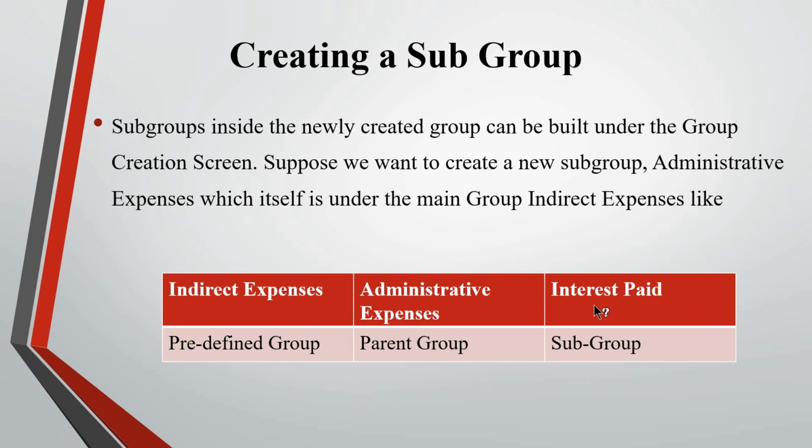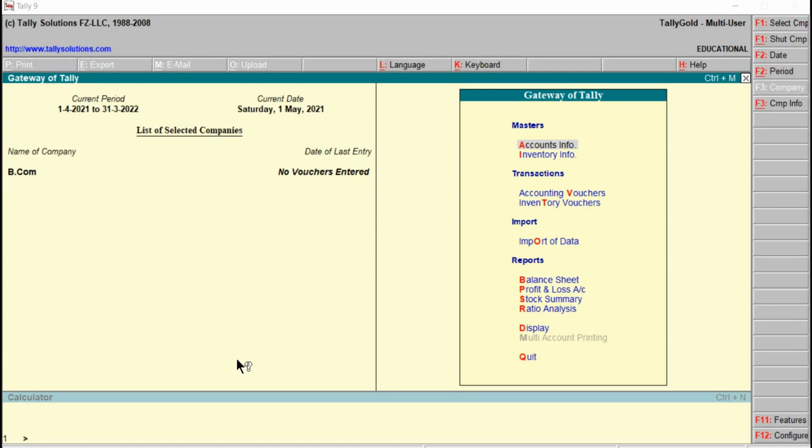In this case, interest paid will be allocated to administrative expenses. Administrative expenses parent group will be allocated to built-in group or predefined group, that will be indirect expenses. From this we will come to know that we can go for creating the parent group and as well as the subgroups in Tally.